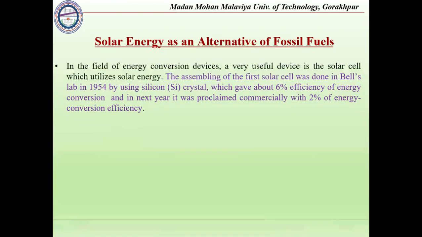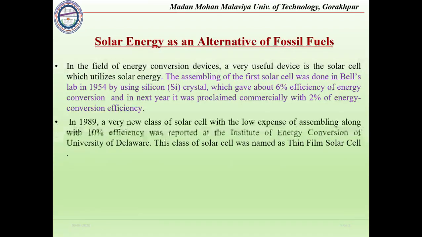And we know in 1954 the first solar cell was assembled in Bell's lab with 6% energy efficiency, and it was commercially launched with 2% efficiency in the market. Further, for commercializing purposes, in 1989 a new class of solar cell was presented which gave about 10% efficiency, reported at the University of Delaware.